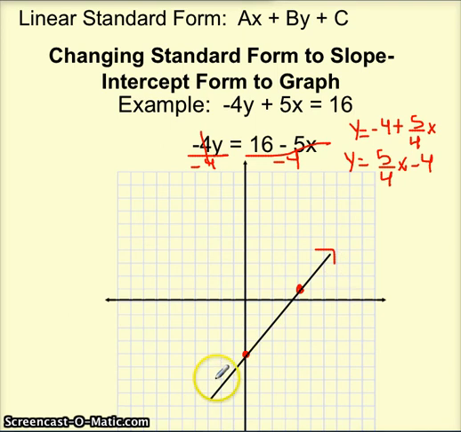And last thing is just for my arrows. Okay, so that is how to go from standard form to slope-intercept form. And hopefully you're able to make that change in order to be able to graph this very easily using your y-intercept and your slope.